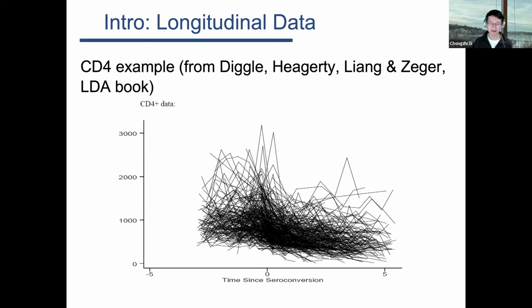As you can see, for most people the CD4 counts go down over time, but you also see a lot of variability. Some people tend to have higher CD4 overall at any time point. Some people tend to have lower CD4s.